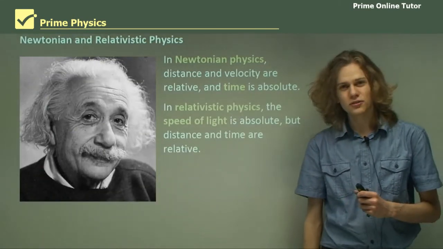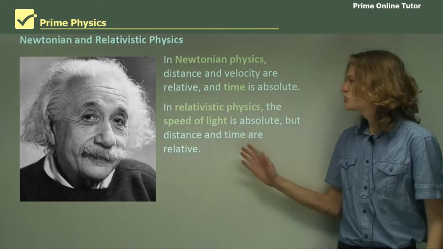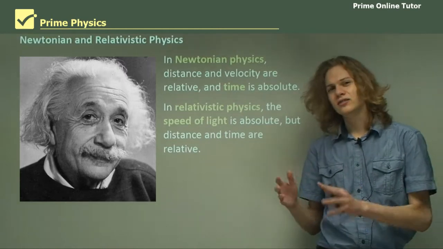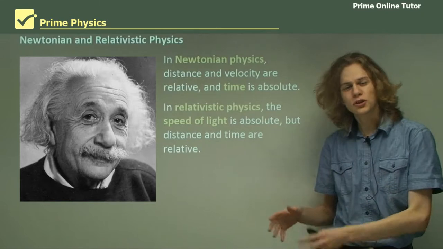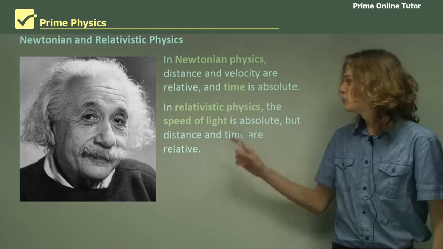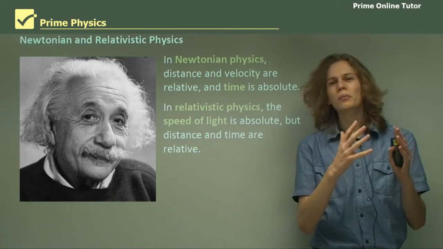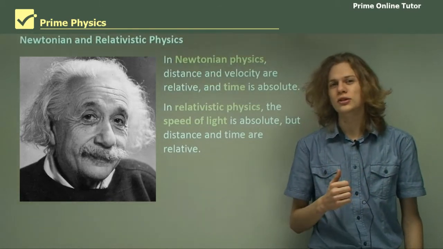In relativistic physics, or Einsteinian physics, I suppose, the speed of light is what is invariant. A second for someone traveling at almost the speed of light will not be the same as a second for someone stationary. But the speed of light, the speed of an electromagnetic wave, will be the same for all observers, regardless of how fast they're traveling relative to each other.